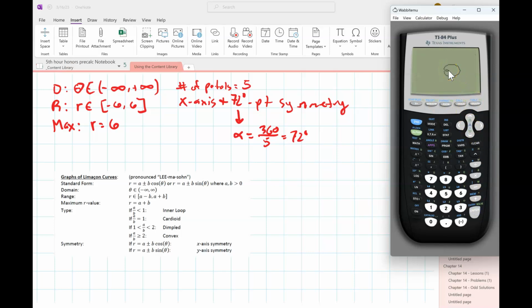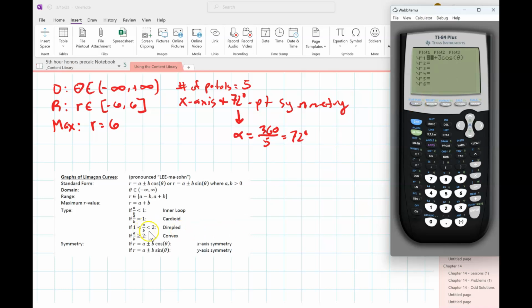See the little loop on the inside? That's why we call it an inner loop. Let's now make them equal, so that'll be 3 and 3. So a cardioid kind of looks like a heart or maybe a butt. Cardioid, though, has heart as the root word there.